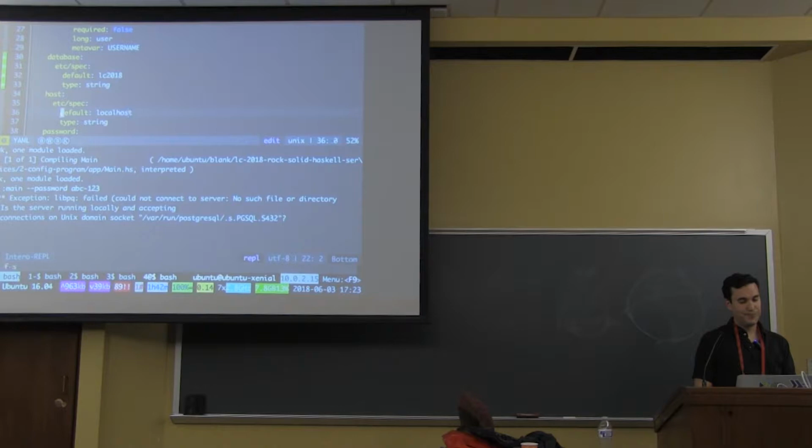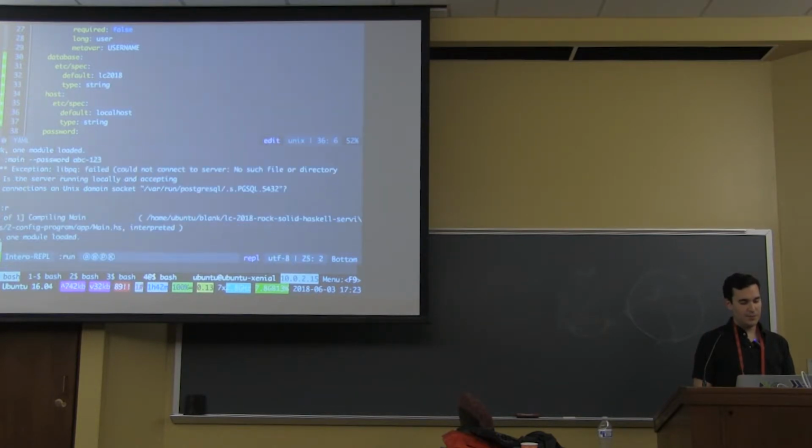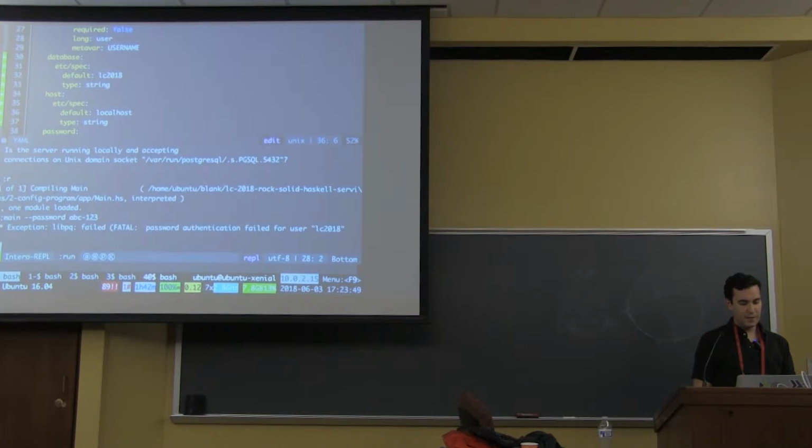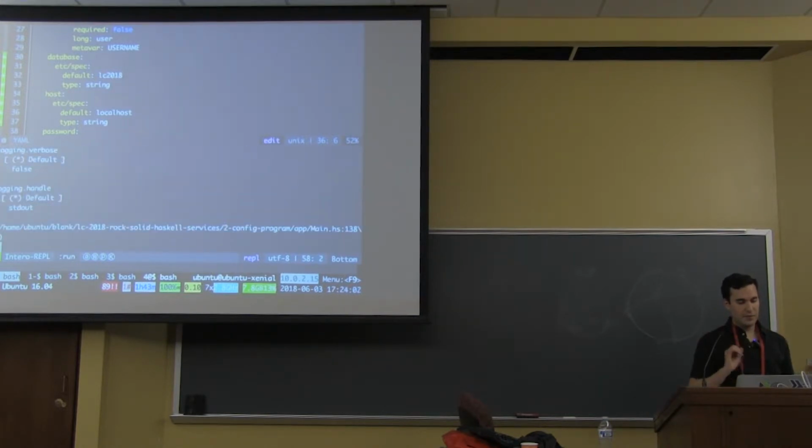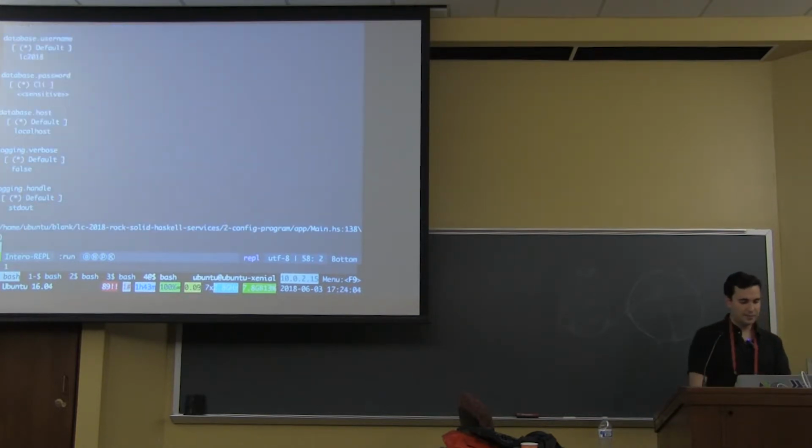Localhost. See if that works. Yep. I'm going to reload main. Password authentication failed for user LC2018, and that's because the password I'm providing is not LC2018. If I do LC2018, ta-da, things are working, yay.